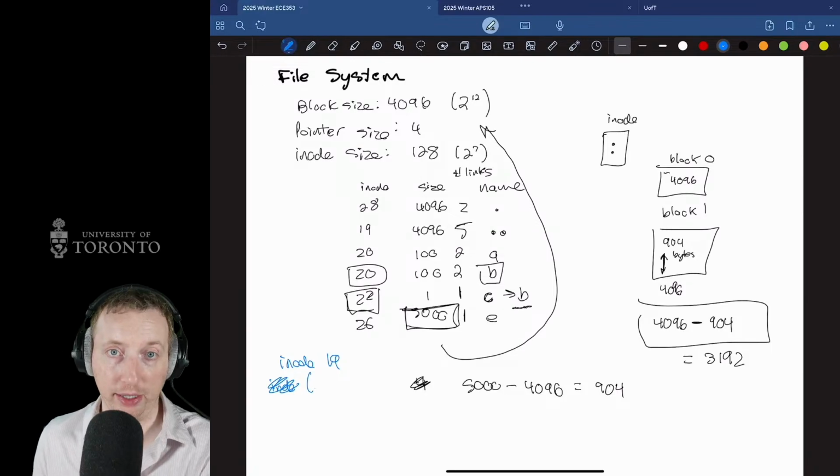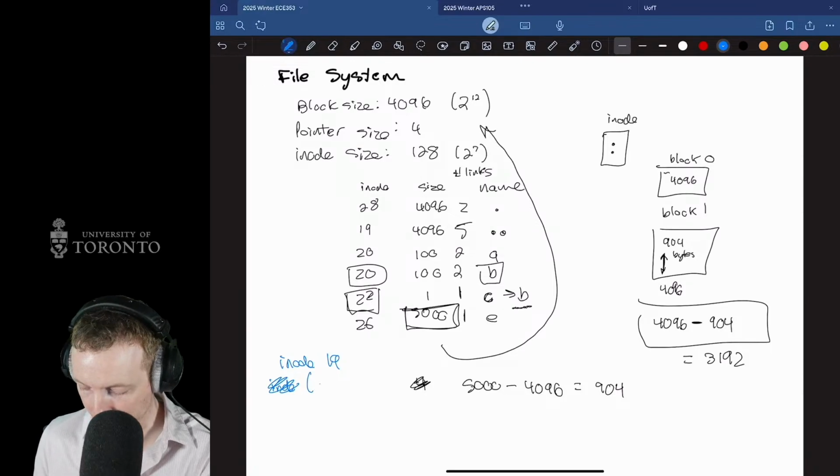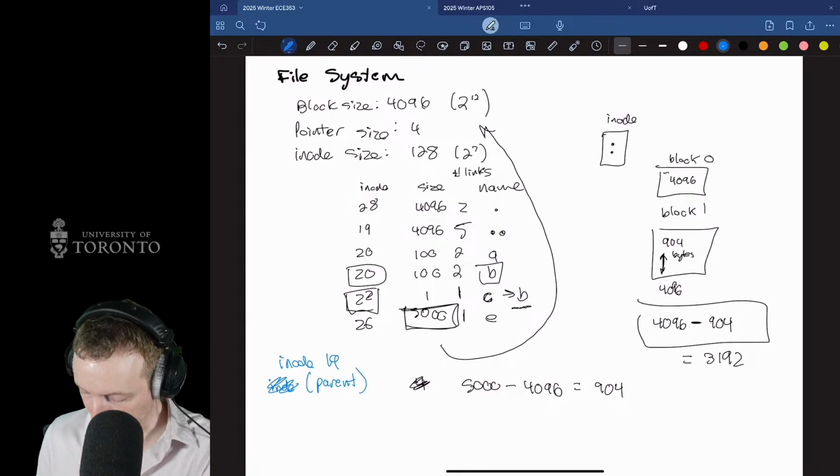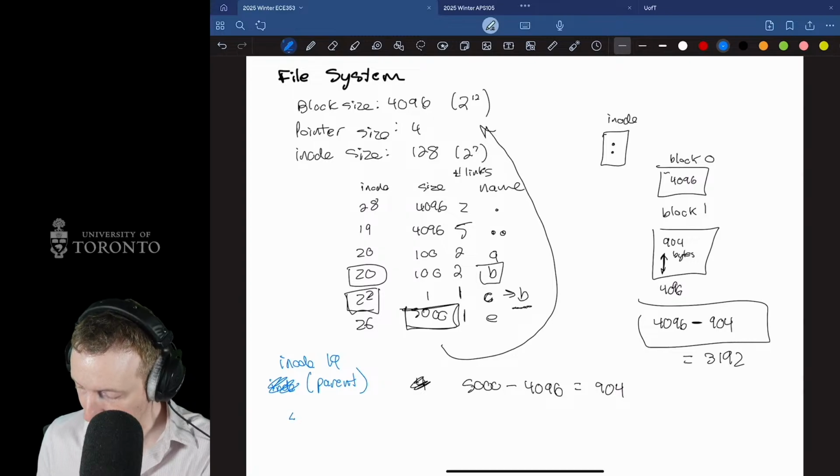So let's just give it a name for fun. Let's just call it parent. So some entries that would have to be in inode 19, there'd be some real name for our directory represented by inode, in this case 28, because that is dot. So let's just say it would be, name D1, 28.